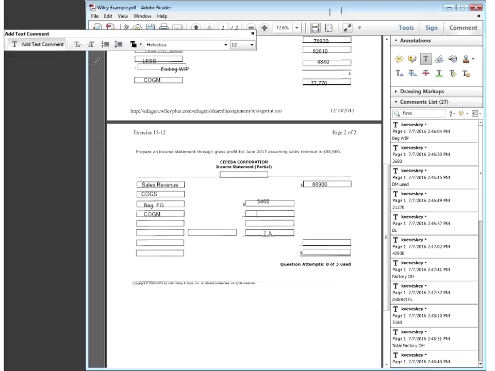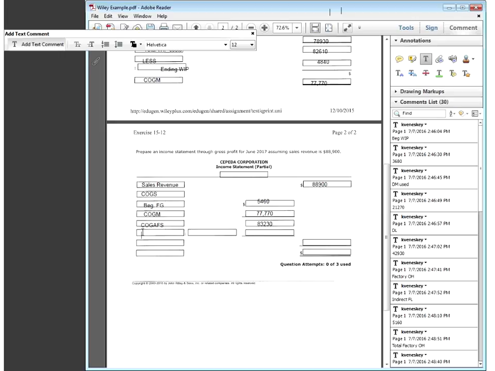I brought in a whole bunch more stuff for 77,770. So total ready to be sold, so that's what we're going to call it, cost of goods available for sale. When you combine those two, I got 83,230.